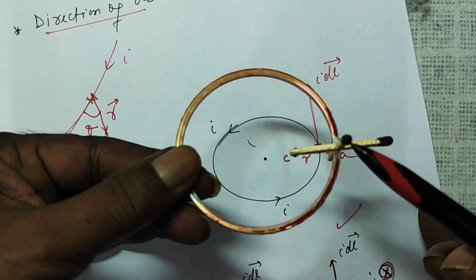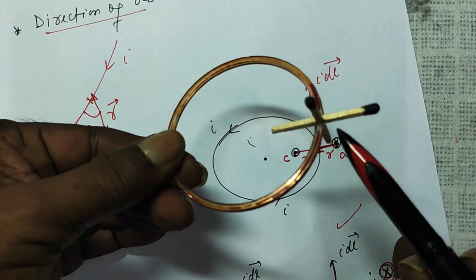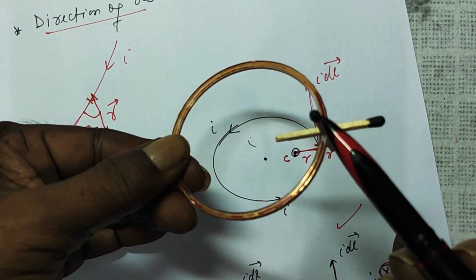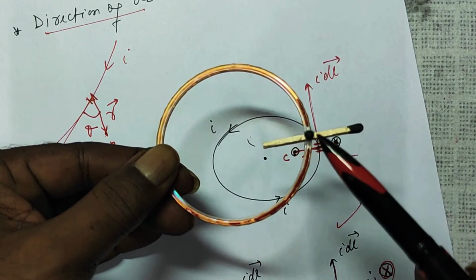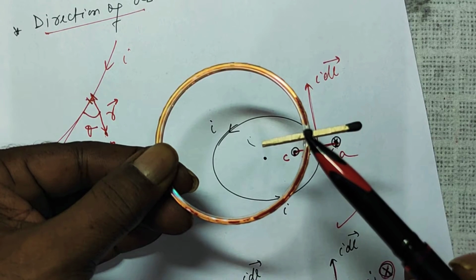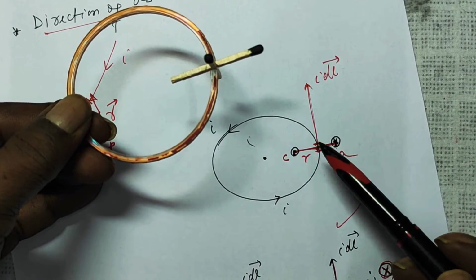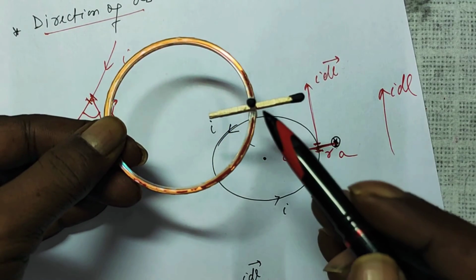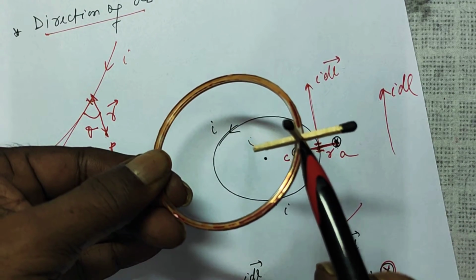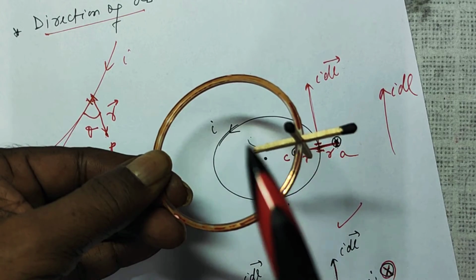Similarly, for this point, from here to here is r, and here Idl is to this side. I'm now finding out for this point, which is above this point. Idl is to this side. For this point, r is from here to here, from this point to this point.